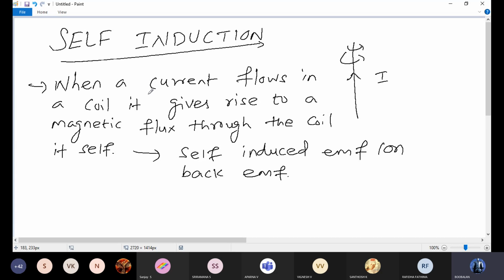It is the production of induced EMF in a coil, the EMF produced in the same coil itself. Okay, that is self-induction.